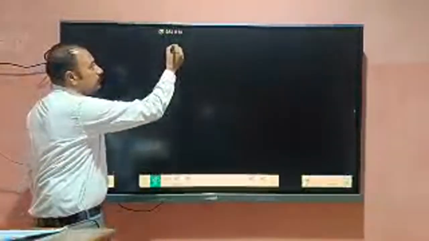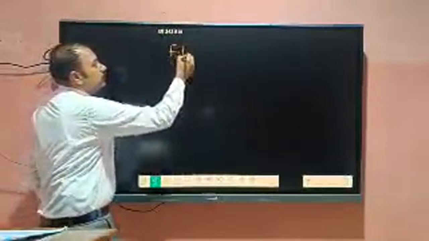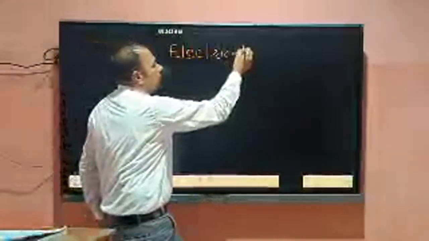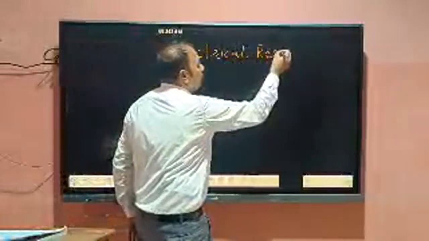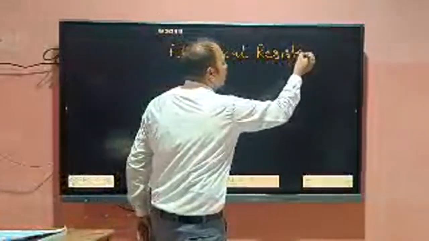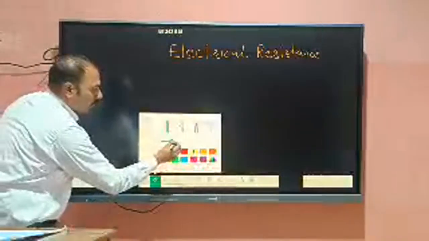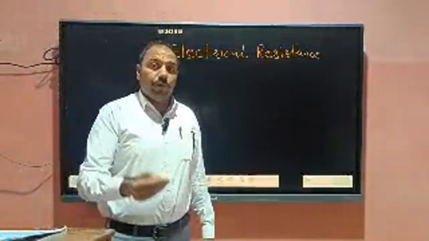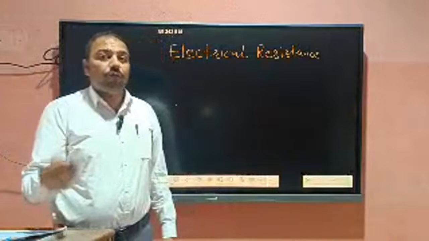So basically electrical resistance is the property of a conductor which opposes the flow of a charge.